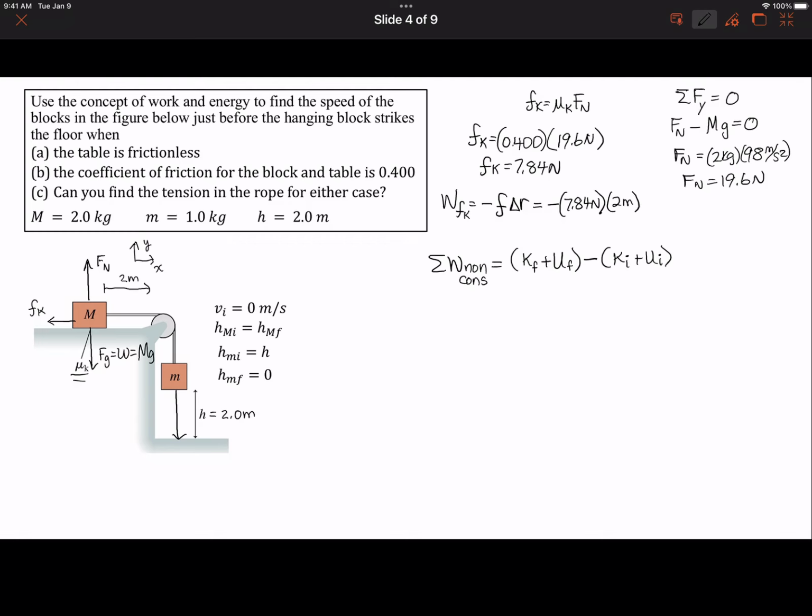So the work done by friction is just minus 15.68 joules. Now, you may recall that that negative sign there is because the angle between the frictional force and the displacement is 180 degrees, and cosine of 180 degrees is just minus 1. So we always have the fact that the work done by friction is just minus the frictional force times the displacement.